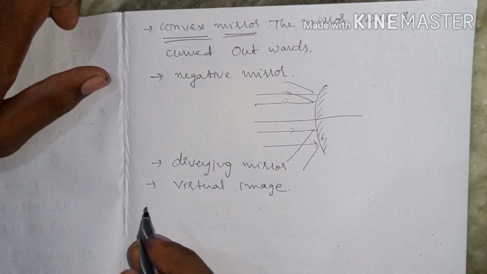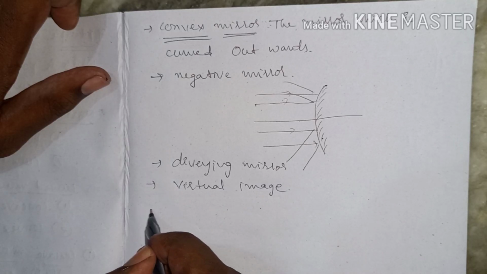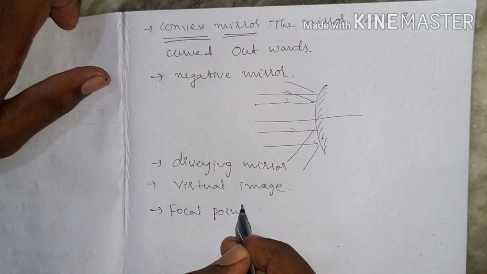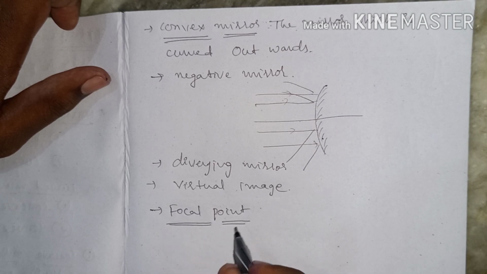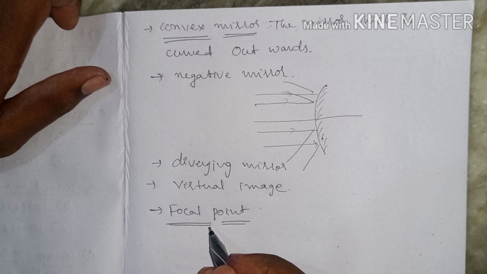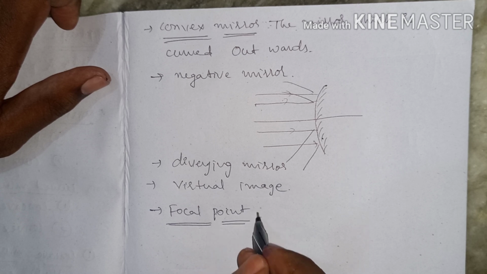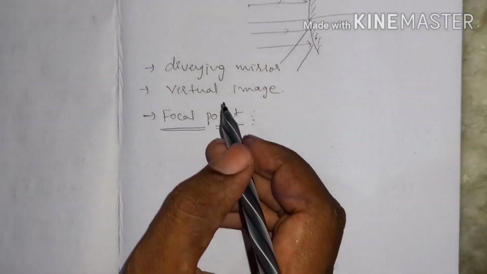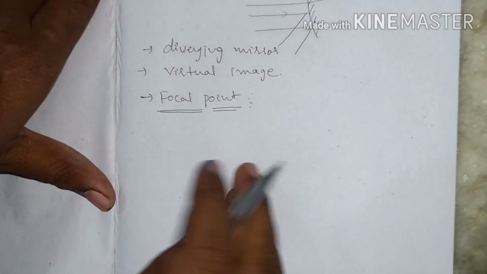Now coming to the next term, the focal point. In this lesson on reflection from curved surfaces, we mainly use only one mirror, the concave mirror, and compare all the activities with it.